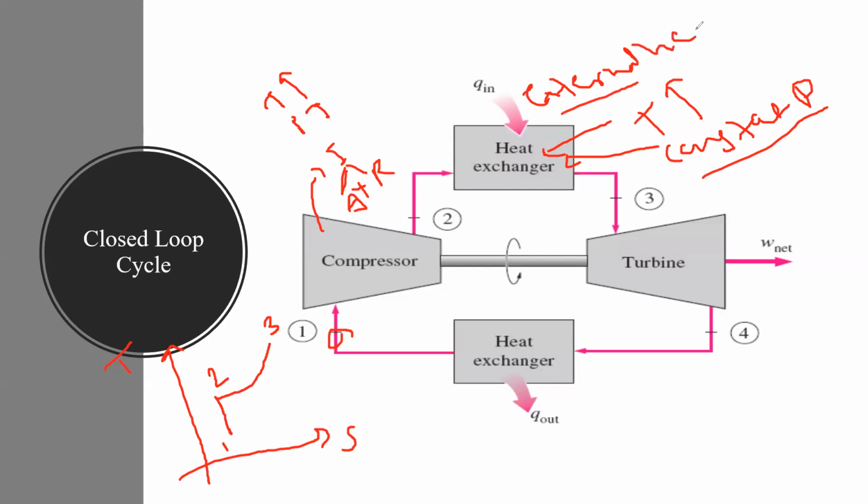Now this external heat, when combined with this air, enhances the temperature, and when this high temperature steam is injected into the turbine, the turbine rotates at high speed and generates mechanical energy.